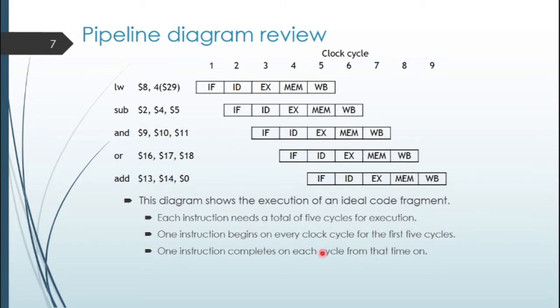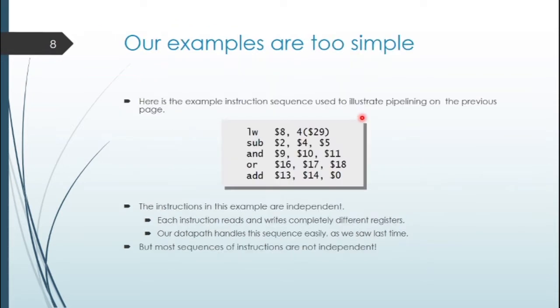Similarly, and so on. One instruction begins on every clock cycle for the first 5 cycles, and after that, for every clock cycle there is one instruction that is completed in the write back stage. Our example is very simple. Why?